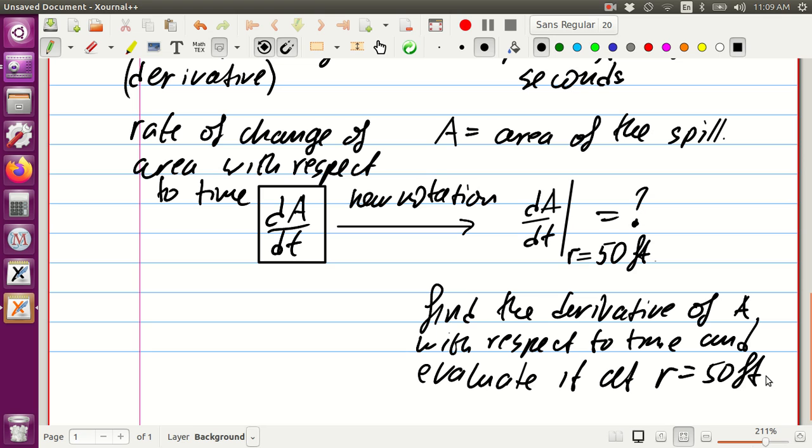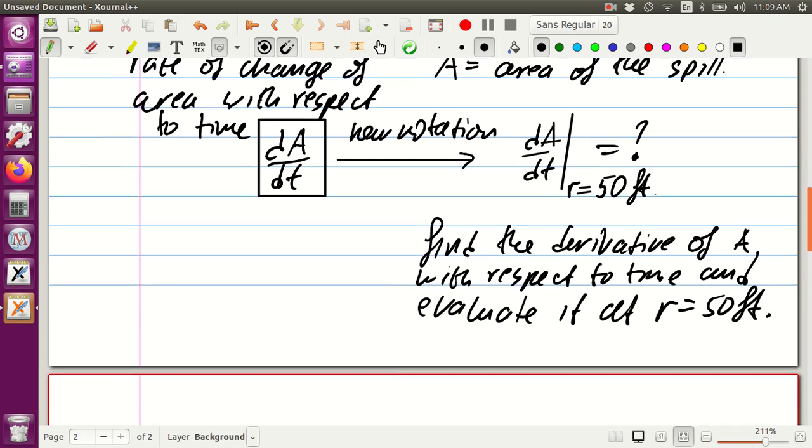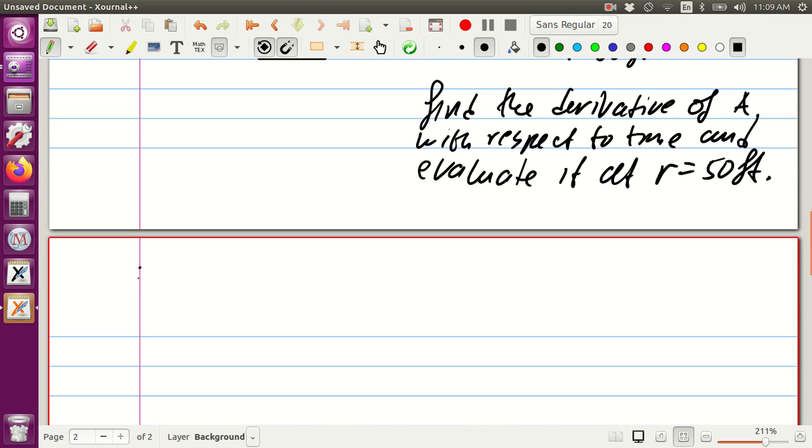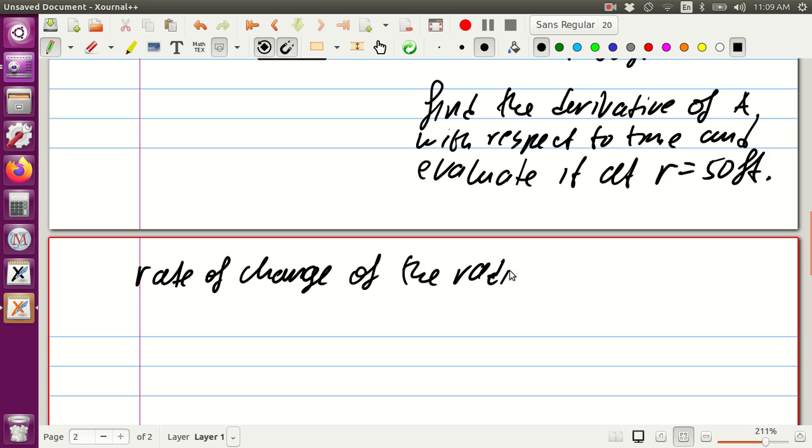So what is given in this problem? In this problem we're given the rate of change of the radius. So the rate of change of the radius is dr dt, which is how fast the radius is changing.